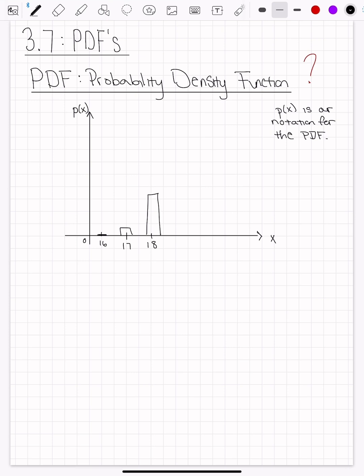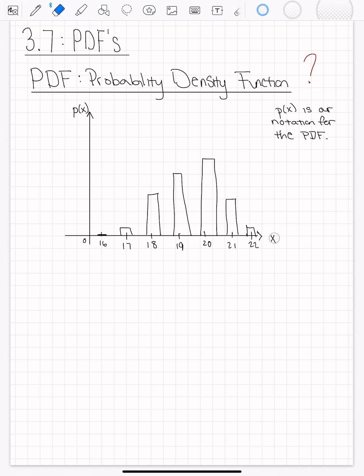Now there's probably a lot more 18-year-olds, a lot more 19-year-olds, a lot more 20-year-olds, right? 21 starts to go down, and 22 there's probably hardly any. And let's keep going, right? And then 23, really few, and 24, almost none, right?